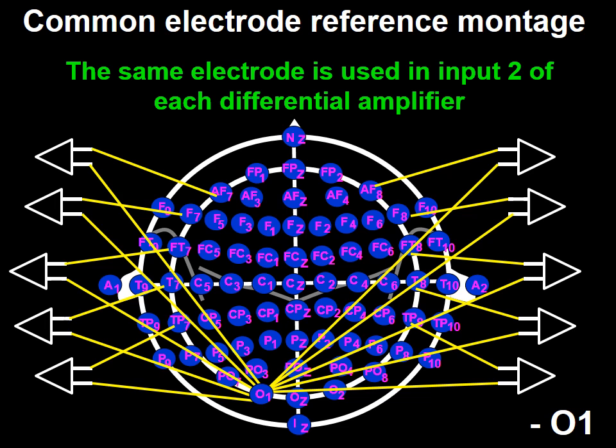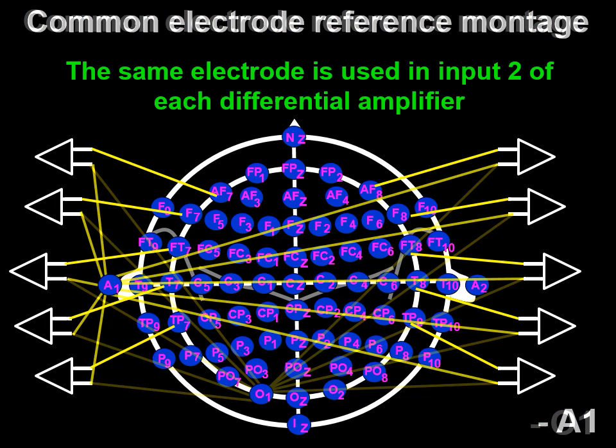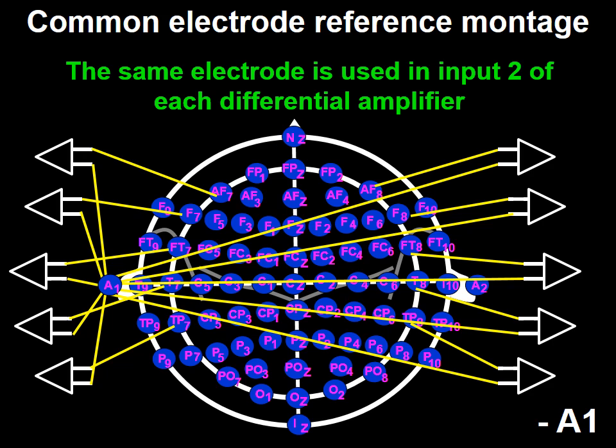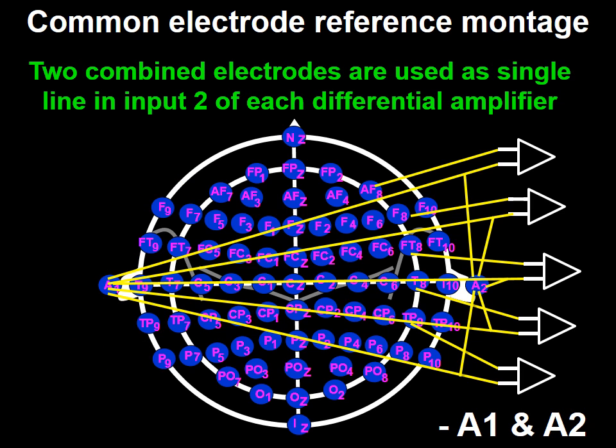I have represented this in this frame by using O1, and in this frame by using A1. At times, common electrode reference montage refers to connecting in the input 2 slot of all its differential amplifiers a combination of 2 electrodes as a single line.